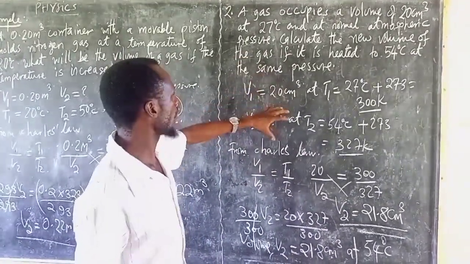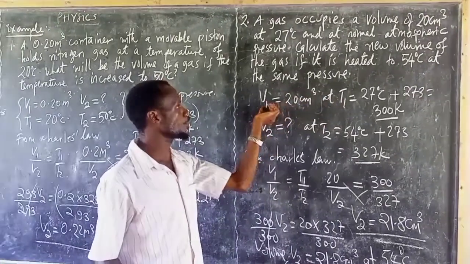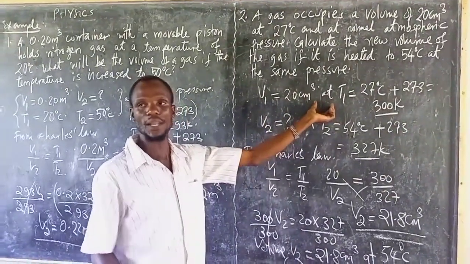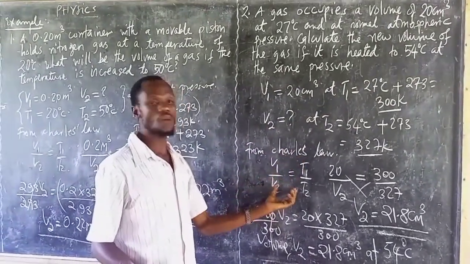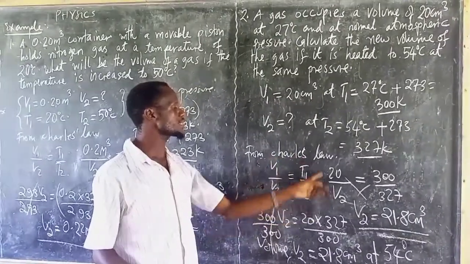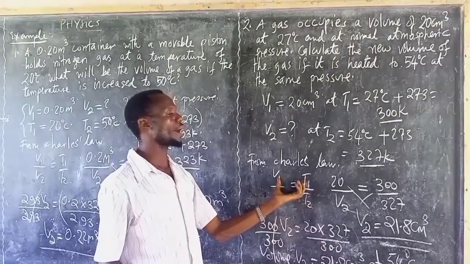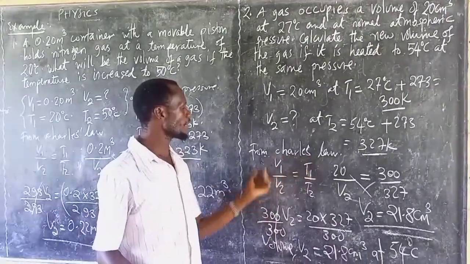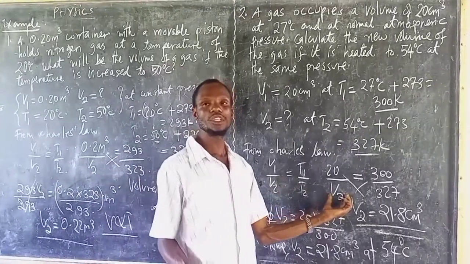Whenever you're talking about the change in volume and temperature, the relationship between volume and temperature at constant pressure, that is Charles' law. You apply Charles' law to find the value of what is missing, and this is the equation derived from Charles' law mathematically. Using it, you can find the missing volume.